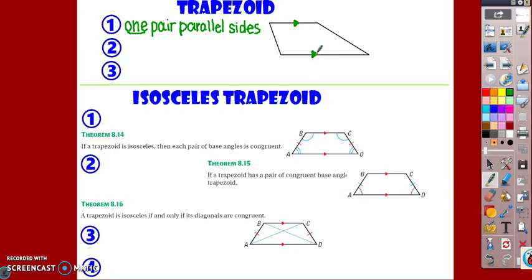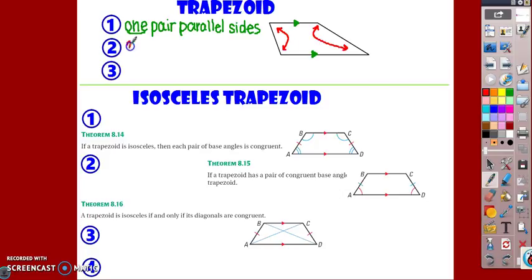There's another one about the angles. It's kind of a cool one. Since we have those parallel lines, we can say something about those two angles. We can also say something about those two angles. Do you see how those are like same side interior? As long as we have those parallel lines, those same side interiors would be supplementary. So we can say that we have two pairs of supplementary consecutive angles.